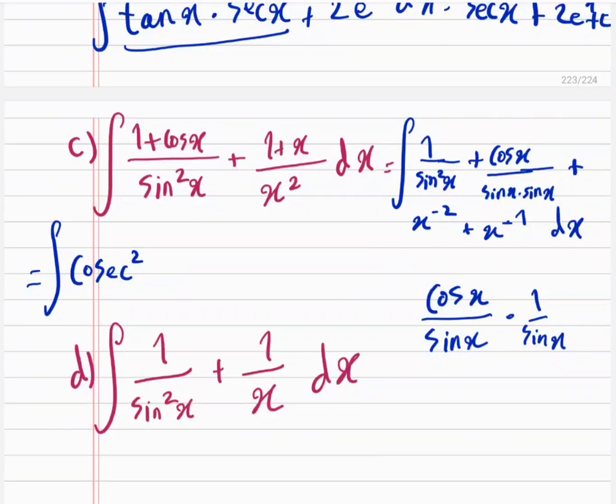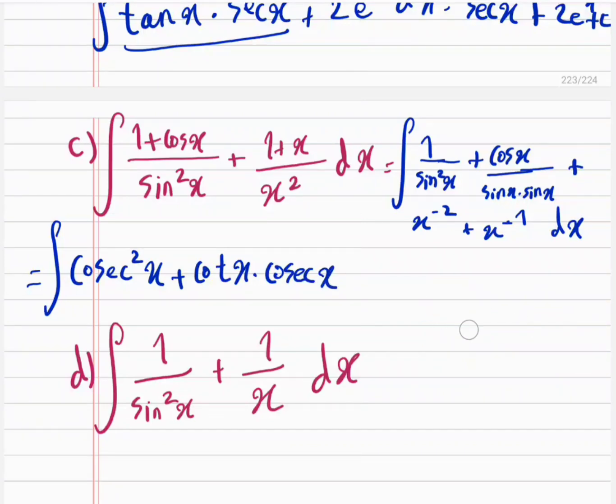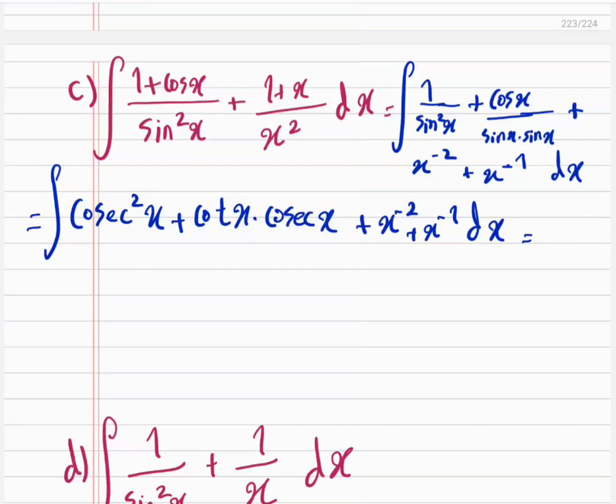So plus cot x times 1 over sine x, which is just cosec x. So that's the next term that we get here. And finally, the 2 terms, which are x to the power of minus 2 and x to the power of minus 1, dx. Okay. So now we want to integrate each of these terms.